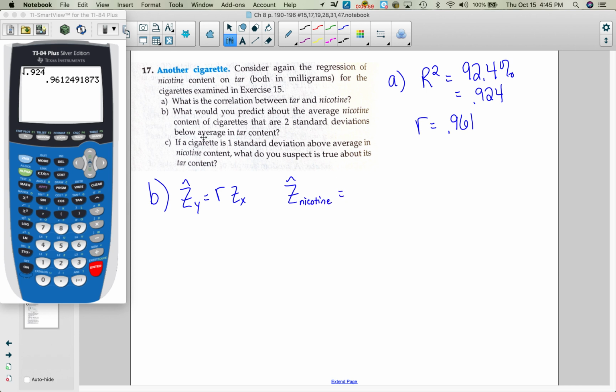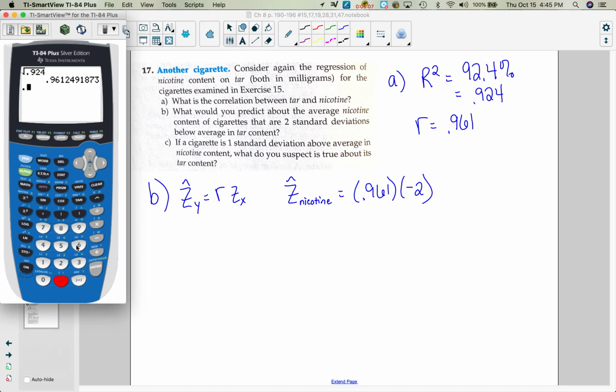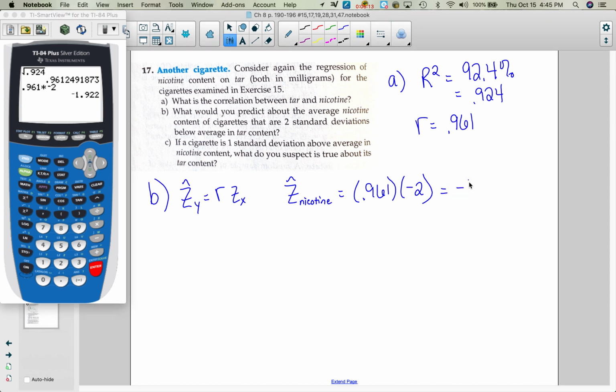2 standard deviations below average in tar content. So we would take 0.961, and if it's below average, we're going to multiply by -2. And we get -1.922.